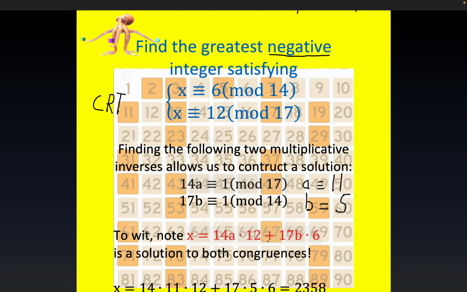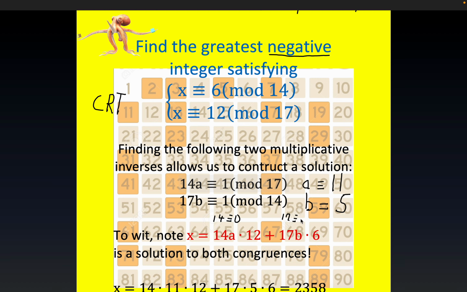Now, this takes a little bit of time. You guys can verify it yourself. I put the dot in here; it may or may not enhance the readability, but this form alone is a solution to the original congruence. The reason is 14 is congruent to 0, so it'll go away in the mod 14 form up there. 14 is congruent to 0 mod 14, of course, and 17 is congruent to 0 mod 17.